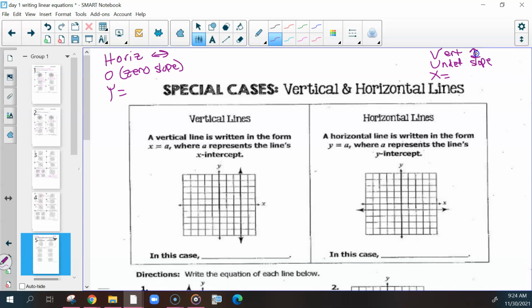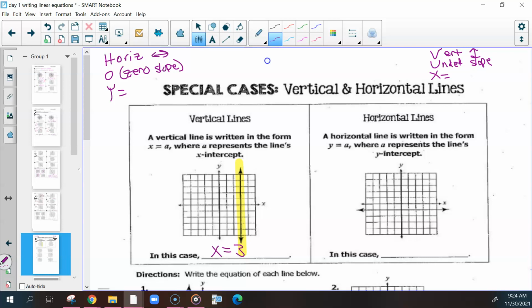So for our 2 examples, here we have a vertical line. So this is going to be an x equals. What does x equal here on this line? Outline it. That's the slope, yes. What number is your x at? 3. So that would be our equation.